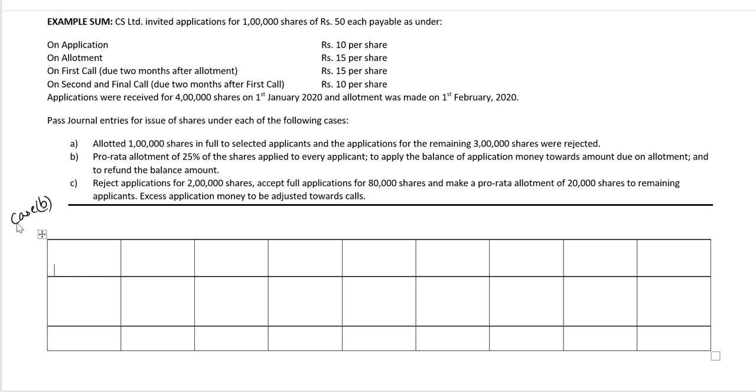So let's start with the working notes and prepare the table. The first column, category. Next column, number of shares applied. Next column, number of shares allotted. Application money received.